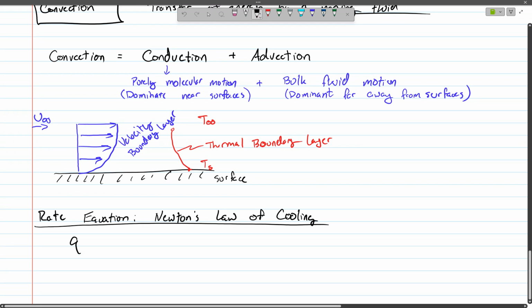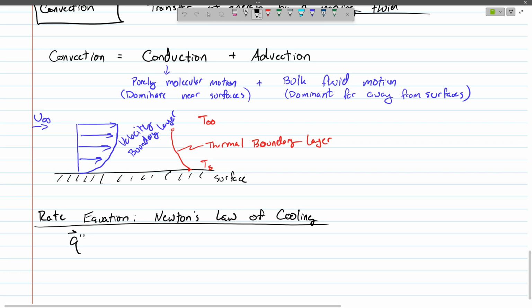And this says that Q double prime is equal to h times (Ts minus T infinity), directed along the surface normal vector. So that means, right, normal vector pointing away from the surface. And this one seems nice and easy, actually. There's no derivative term here. This is just a difference, okay, which is awesome, right?